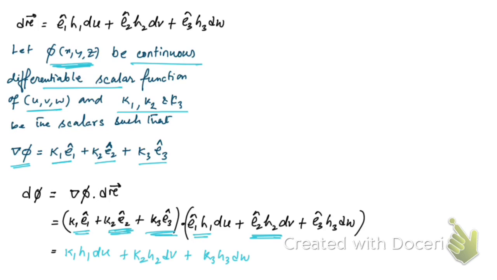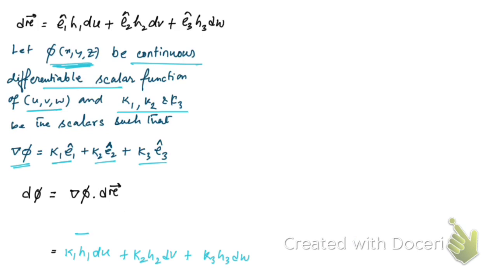The dot product of e3 cap and e3 cap is going to be 1, so we end up getting k3 h3 dw, right? Hope you have understood this. So let me write here properly. We can write this is equal to k1 h1 du plus k2 h2 dv plus k3 h3 dw. That's what we will get, right? Hope you have understood this.